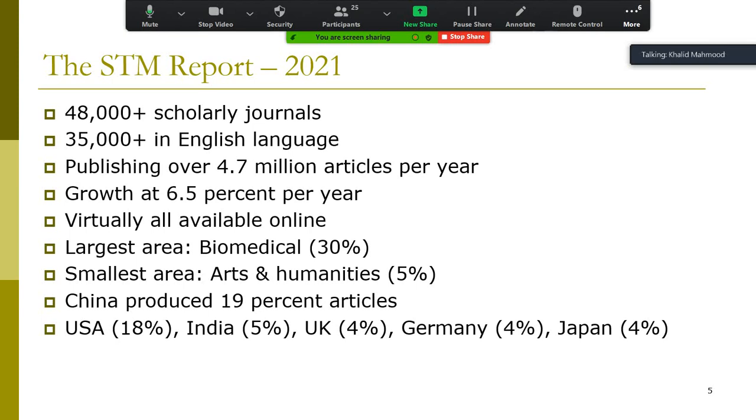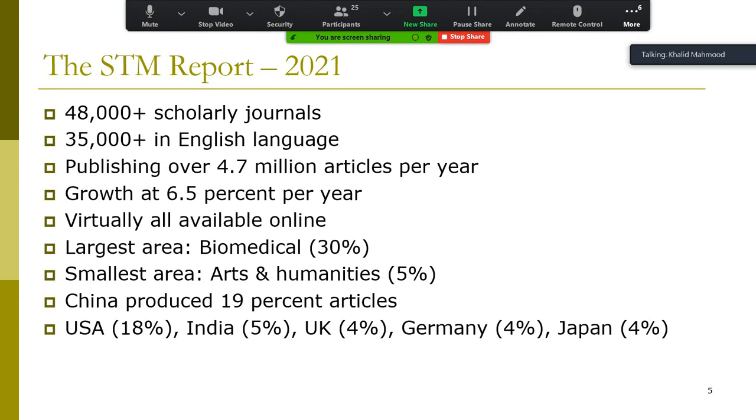According to this report, there were more than 48,000 scholarly journals in the world, and more than 35,000 journals were in English language.